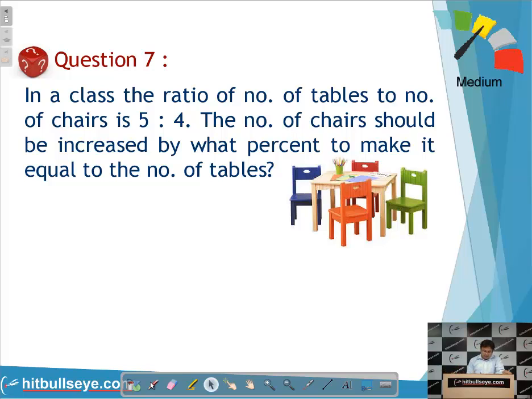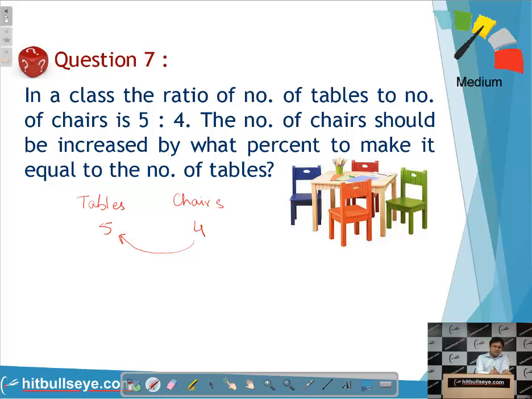So here we could very well assume that the number of tables be 5 and number of chairs be 4. So to make chairs equal to tables, I need to increase one chair for every 4 chairs.